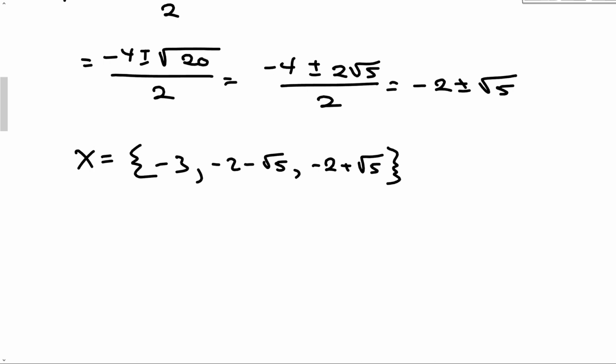And those are the three zeros of this polynomial function. One of them is rational, two of them are irrational, which is fine. Still numbers and still valid answers.